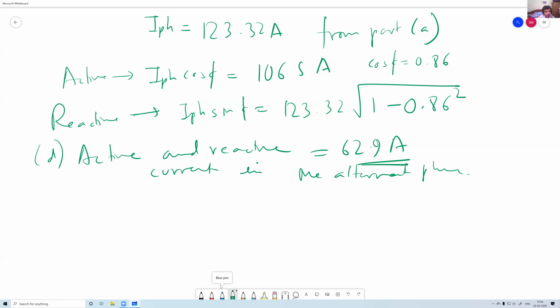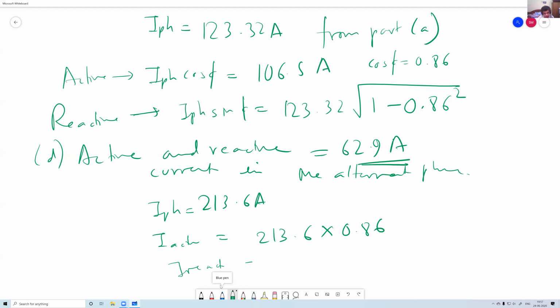Simply I phase is now 213.6 amps. So I active is 213.6 times 0.86 and I reactive would be 213.6 times square root of 1 minus 0.86 square. Okay. Any question?